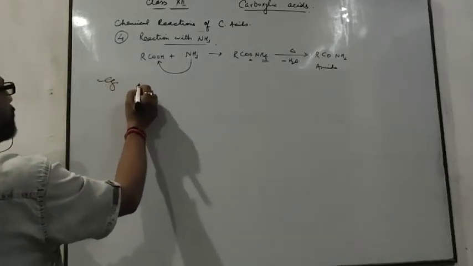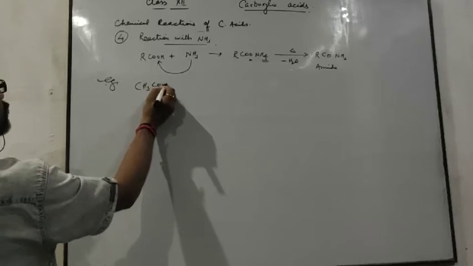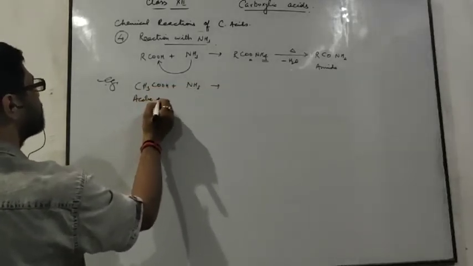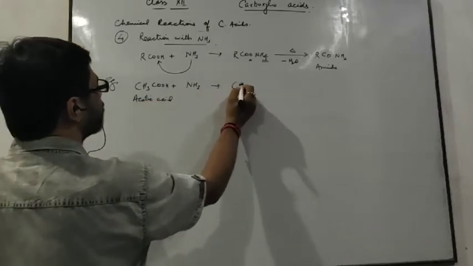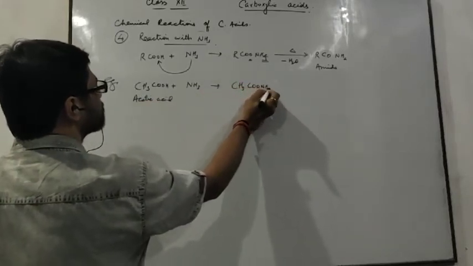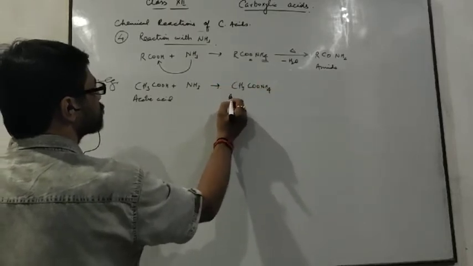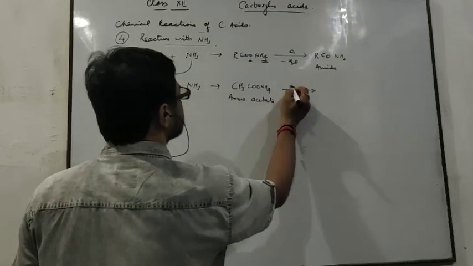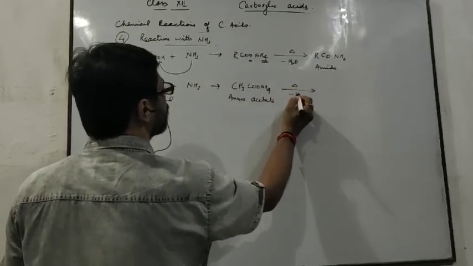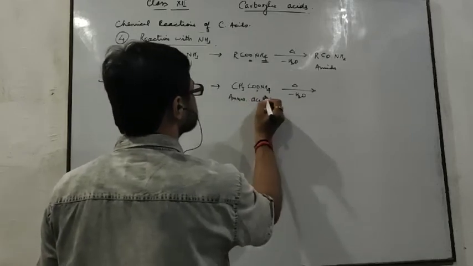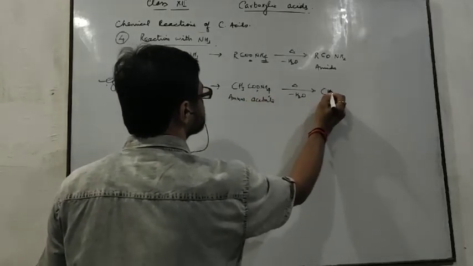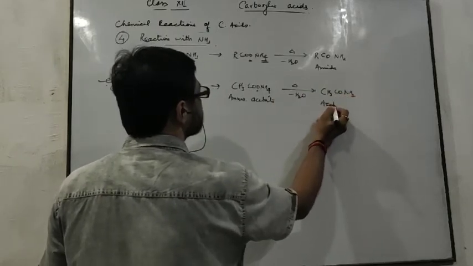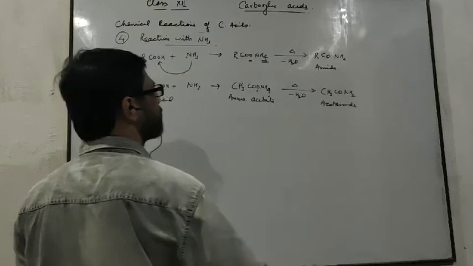If we take an example, CH3COOH, acetic acid, with ammonia forms CH3COONH4. This one is known as ammonium acetate, and this ammonium acetate on heating loses water and forms CH3CONH2. This one is acetamide. Acetamide is formed.